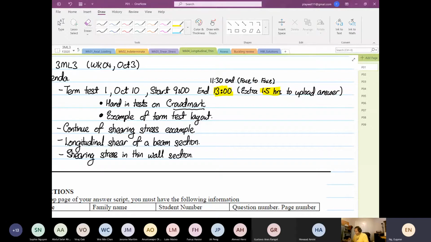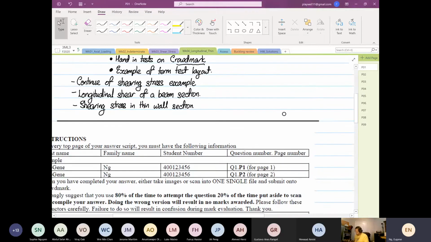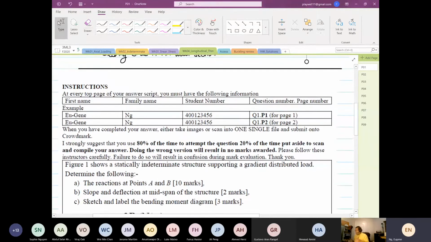So I'll give you an example of your term test. What do you expect? The instruction is on every top page of your answer script, you should write down your first name, followed by your last name, student number, and then question 1, page what? Question 1, page 2, and so on.